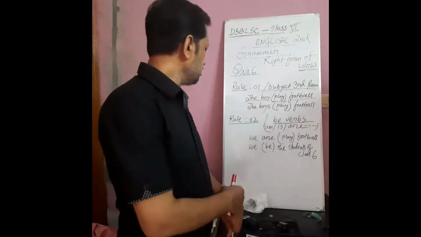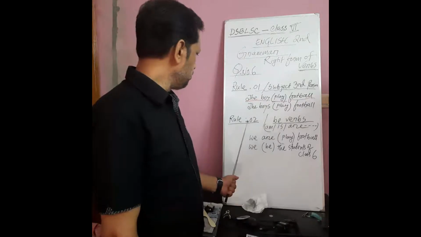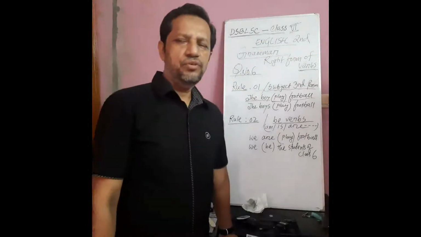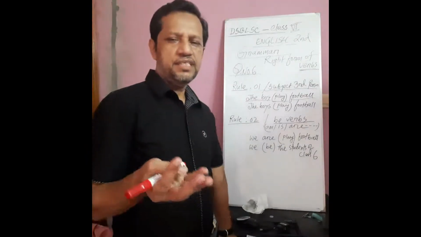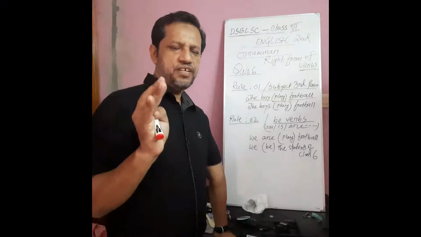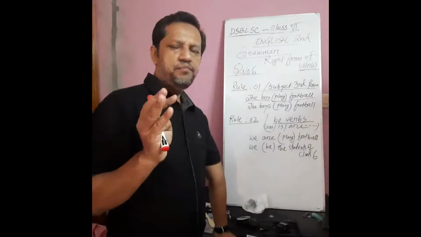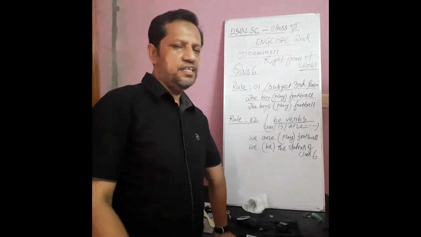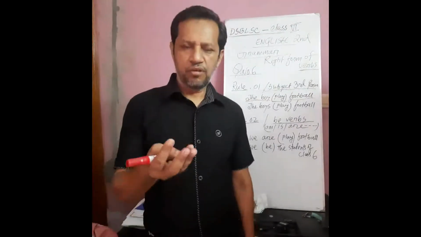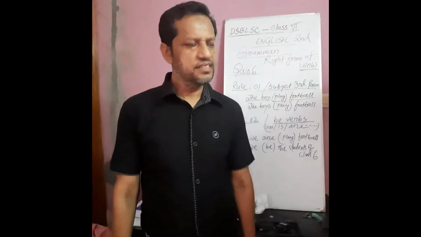Now, rule number 2, I have to tell you rule 2. Be verbs. We know that am, is, are, was, were. These 5 are called be verbs, and am, is, are, these 3 verbs are used in present tenses, and was, were, these 2 verbs are used in the past tenses.